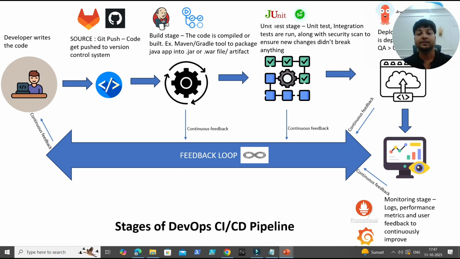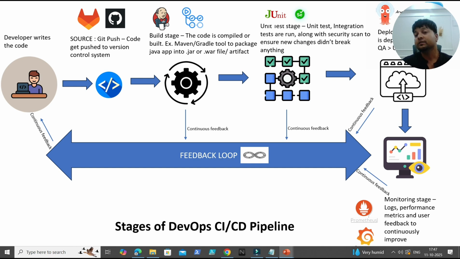If you look at this phase, starting from here, developers write the code, it gets pushed to the source version control system, it then compiles the package, and then that package is tested, which is the unit test stage.